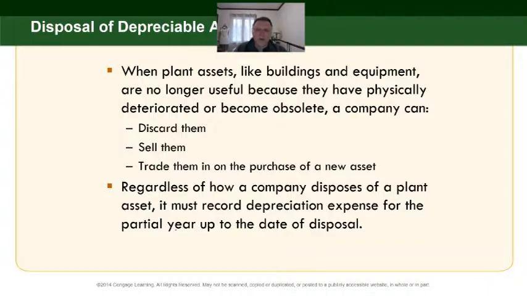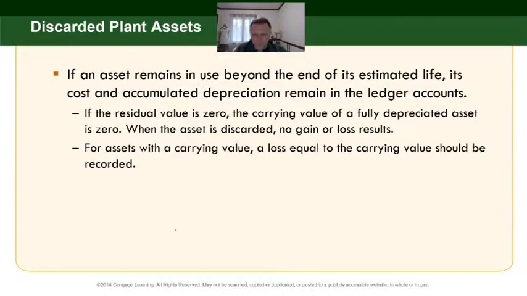So regardless of how a company disposes of their assets, it has to be recorded as a depreciation expense for the year that you do that. If an asset remains in use beyond its estimated life, then its cost and accumulated depreciation remain in the ledger account.